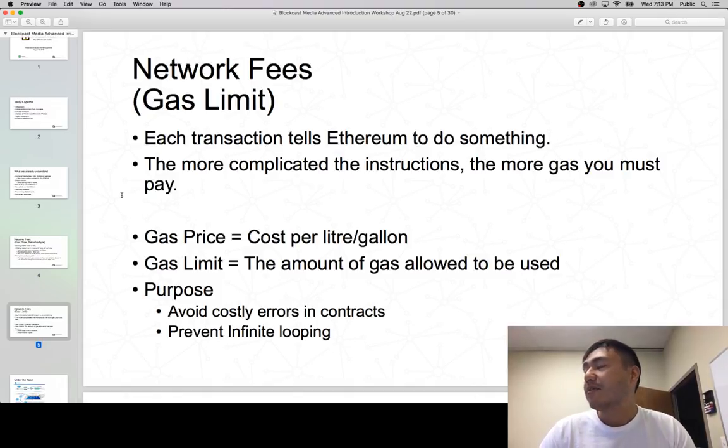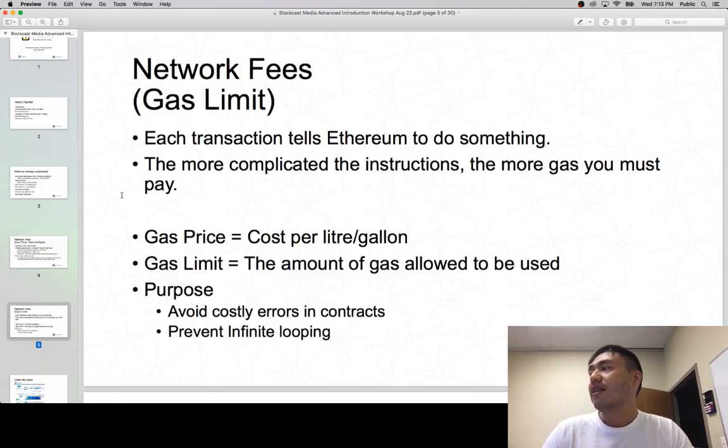So what the gas limit does is it helps prevent things like bad code from costing you a lot of money. And also prevent something called infinite looping, which is basically when a computer executes instructions in a loop and it doesn't stop.